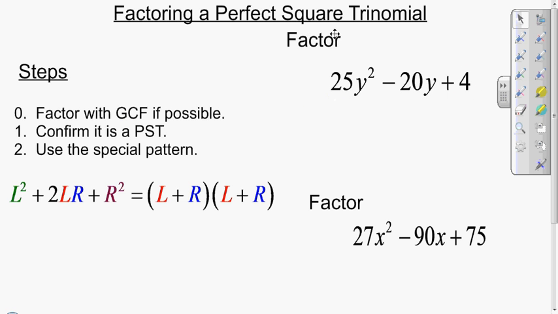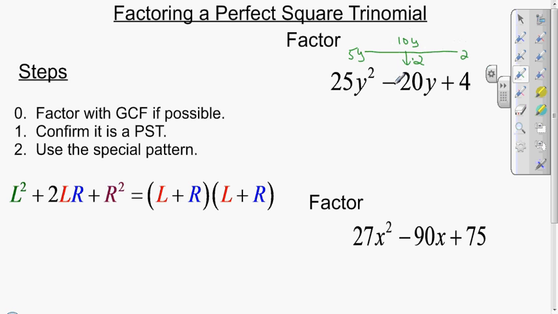So let me again try to mentalize around if this is really a perfect square trinomial. We see here that the first term's a square, whose square root is 5y. The last term's a square, whose square root is 2. Their product is 10y, and if I double that, I get 20y.